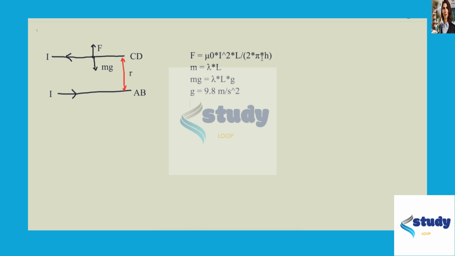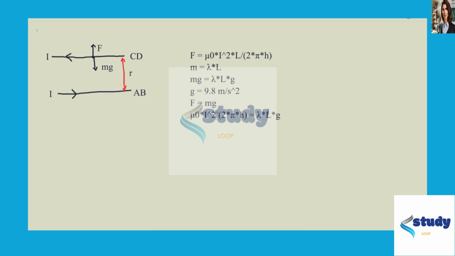So now we want to set these forces equal, because we want basically F to equal mg. That will give us our equilibrium condition here. So let's set our force here equal to lambda times L times g. And we want to simplify this a bit so we can see that there's a factor of L on both sides.